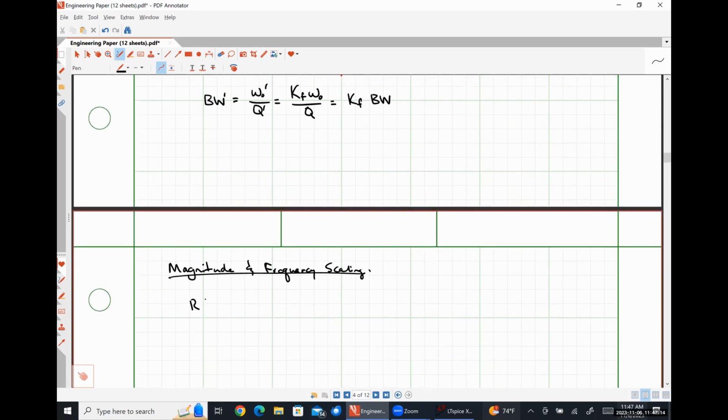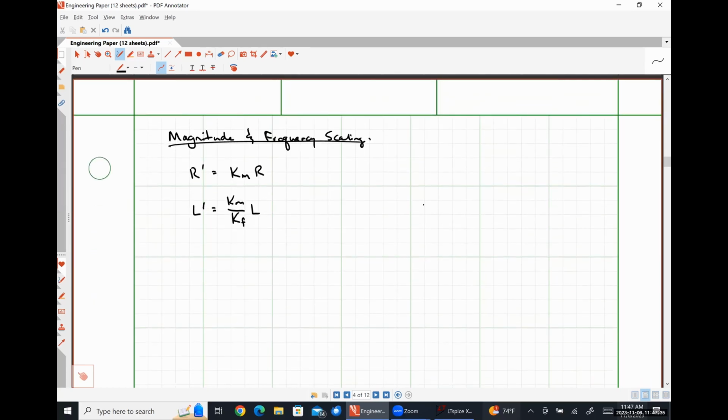So just putting the results of our previous two topics together, our scaled version of R prime is just going to look like Km times R. Our scaled version of our inductance is going to look like Km over Kf times L. Our scaled version of our capacitance is going to look like C divided by Km times Kf.